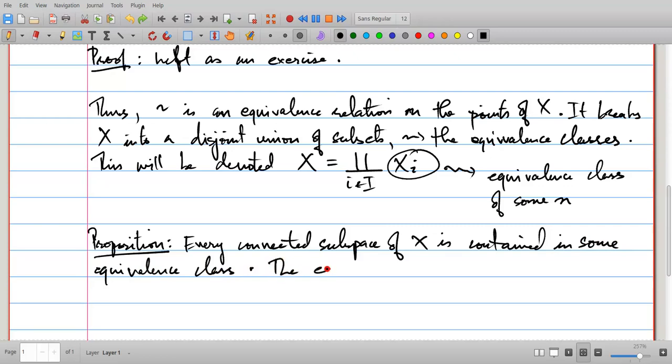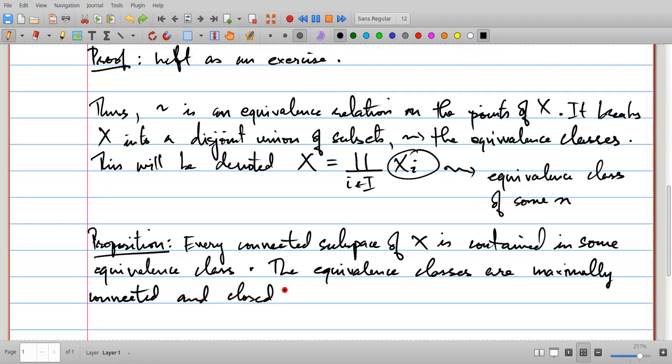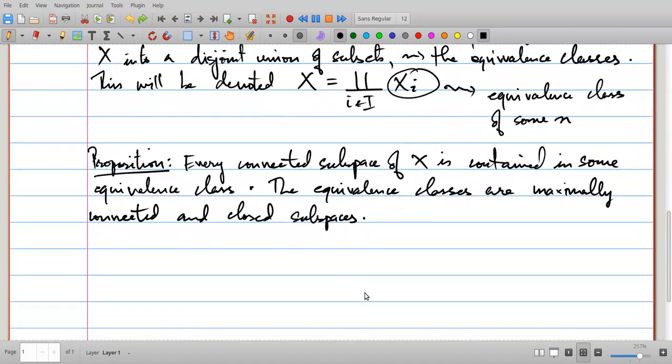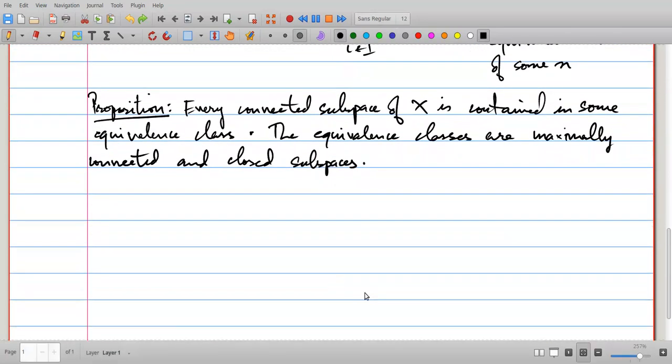And the equivalence classes are maximally connected and closed subspaces. Of course we shall explain what maximally connected means, but it should not be hard to guess. So the equivalence classes are maximally connected and they are also closed. So let us prove this proposition.